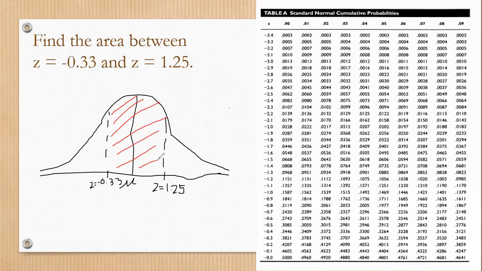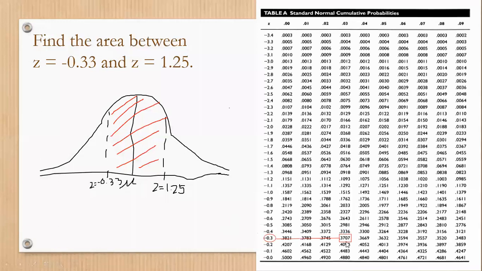And anong sabi kanina natin? Kailangan nyo daw makita muna yung z value ng negative 0.33. So, nasaan yung negative 0.33 natin? Ayan. Negative 0.3, and then dun sa taas, yung 0.03, yung intersection nila, saan sila nagtapat?